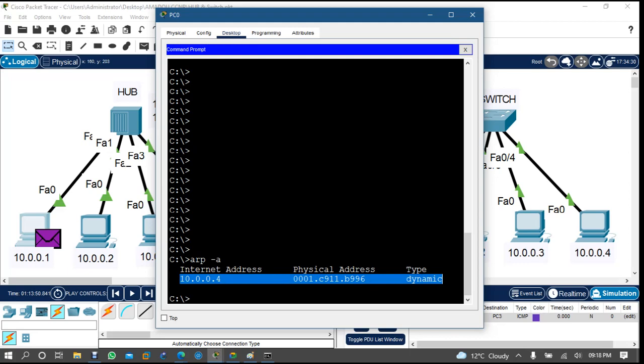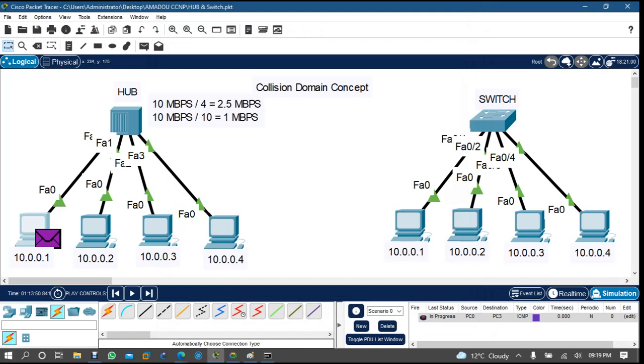So now PCA knows about PC4. That's why the PC is now generating a unicast packet. Are you understanding? Because the PC knows the layer 3 address as well as the layer 2 address of the destination computer.